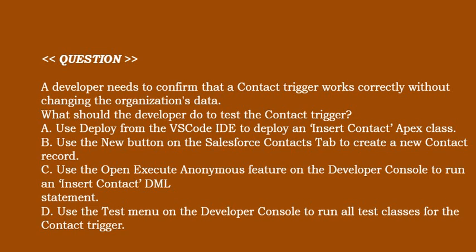Option C. Use the Open Execute Anonymous feature on the Developer Console to run an insert contact DML statement. Option D. Use the Test menu on the Developer Console to run all the test classes for the contact triggers. Correct answer is option D.